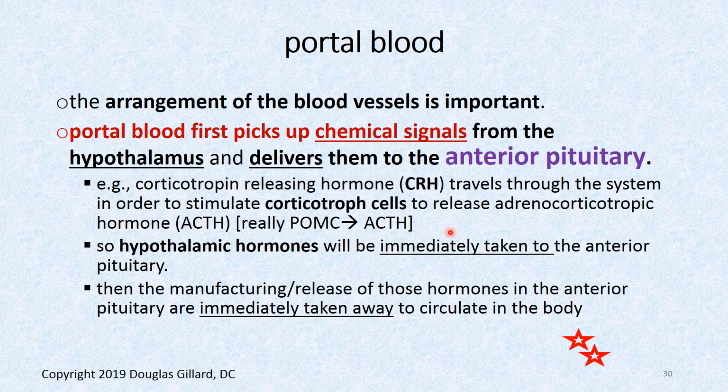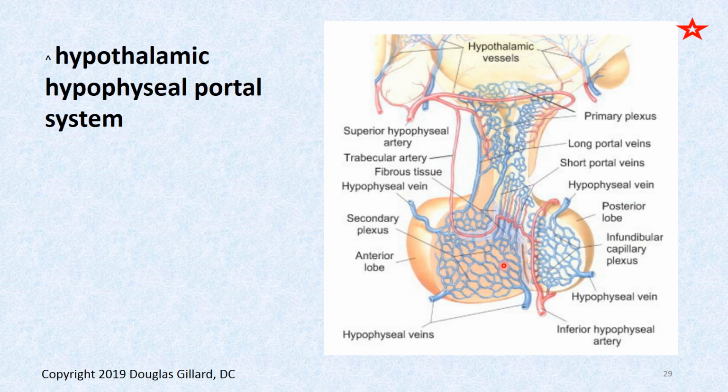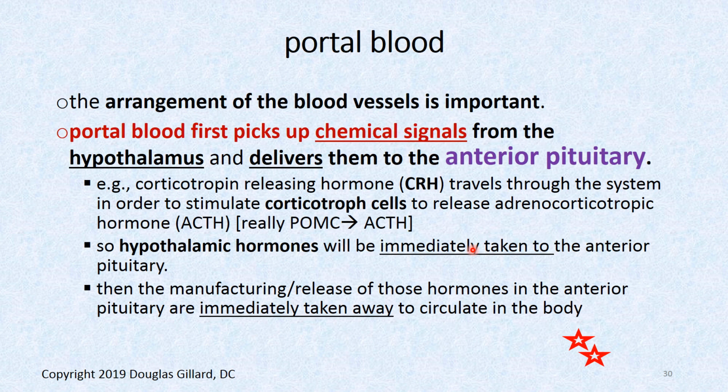So hypothalamic hormones will immediately be taken up by this system. They're made up in some cells up here, jump into the system, and are immediately shot down here where they go out into the interstitium and hit their target cell, corticotroph cells for our little example here.